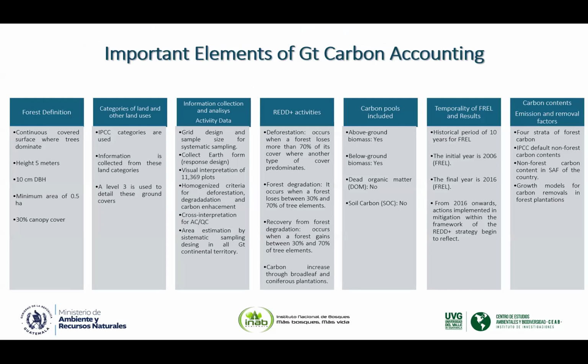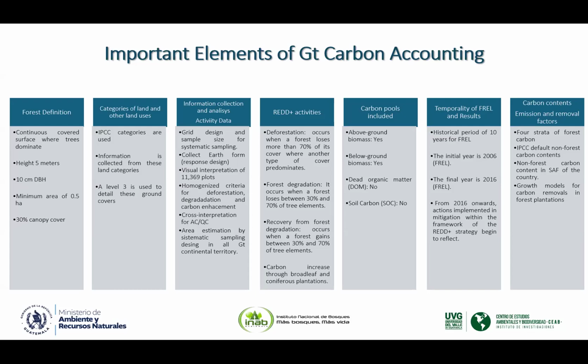It's also important to tell you the elements that Guatemala has for national carbon accounting. We have a forest definition that is linked to the FAO definition, and we have a protocol where we define the categories of land use, using Collect Earth to collect the activity data.